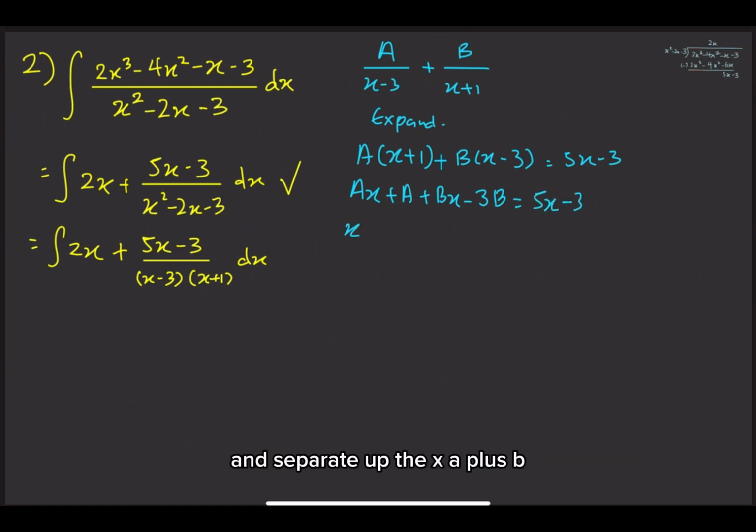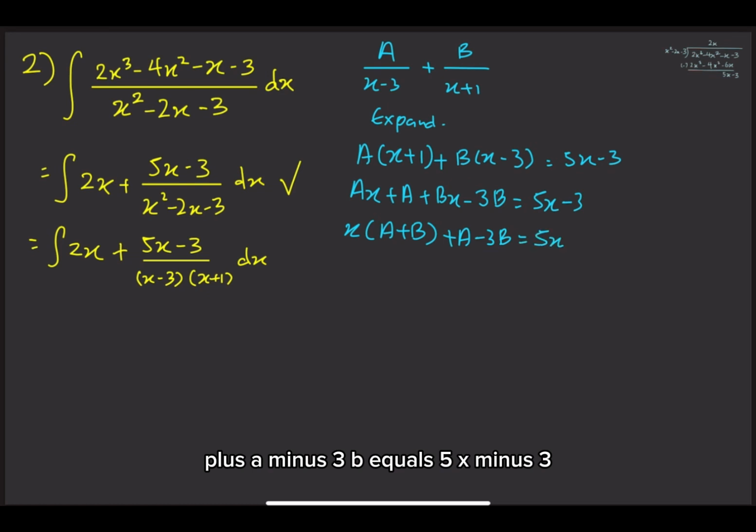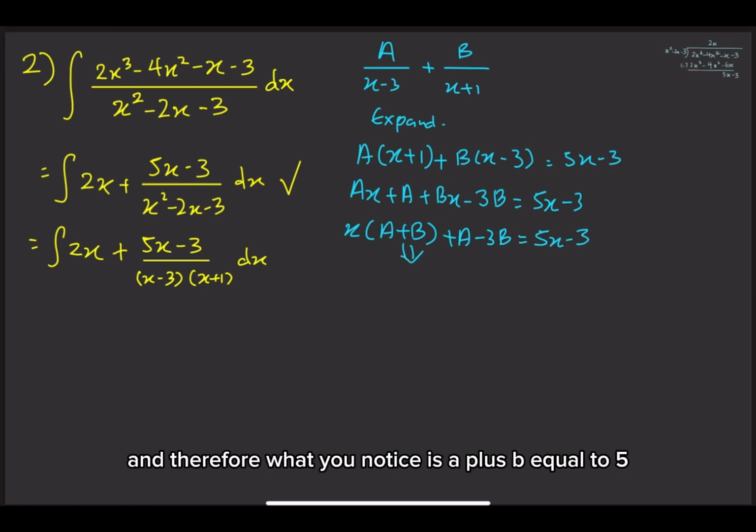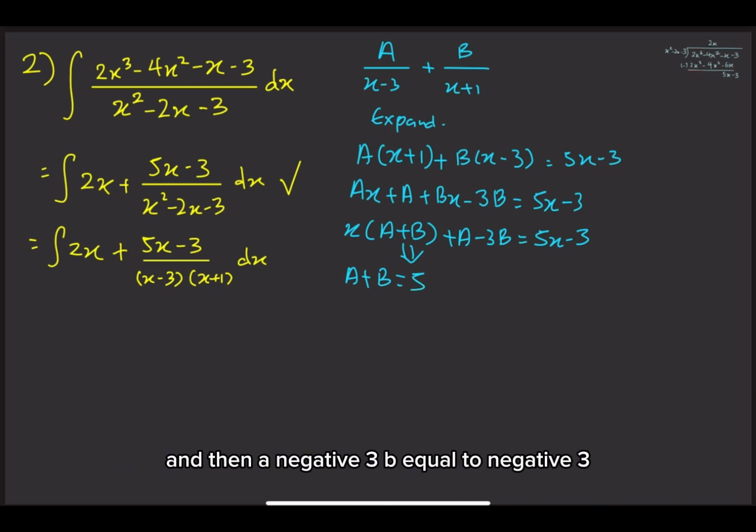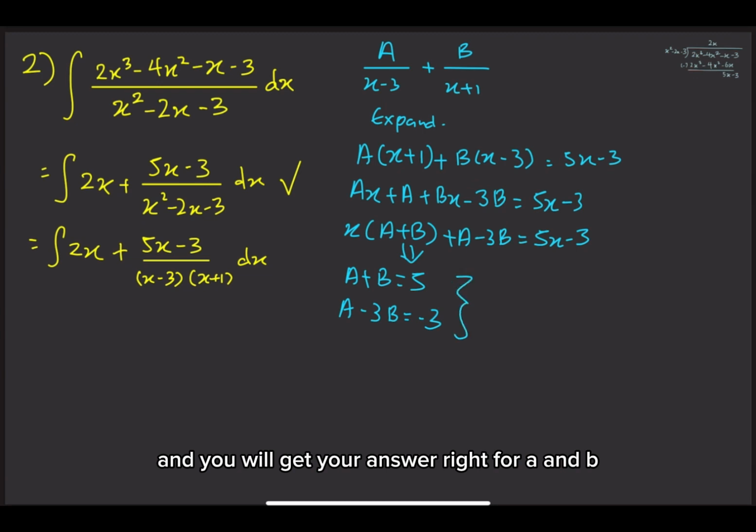Separating out the x, (A plus B)x plus (A minus 3B) equals 5x minus 3. Therefore A plus B equals 5, and A minus 3B equals negative 3. As always, use simultaneous equations to solve for A and B.